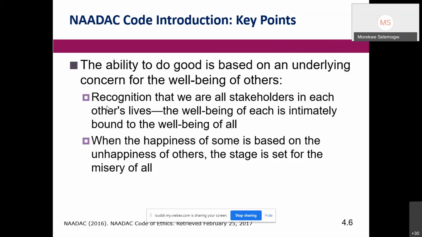So clearly, we are connected. Our well-being is intimately bound to the well-being of all. When the happiness of some is based on the unhappiness of others, obviously there is going to be disaster. One's happiness can never be based on the unhappiness of others. And so that is one of the key points of NAADAC.